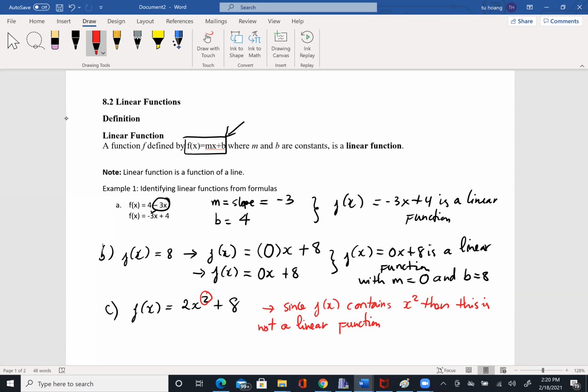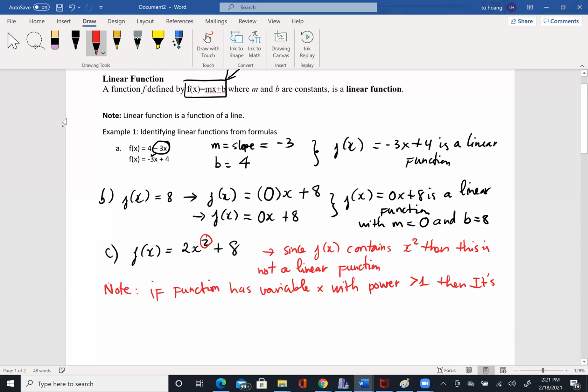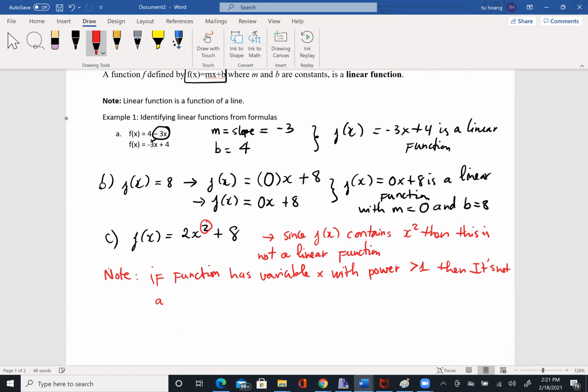And also remember, note that if a function has variable x with power greater than 1, then it is not a linear function.